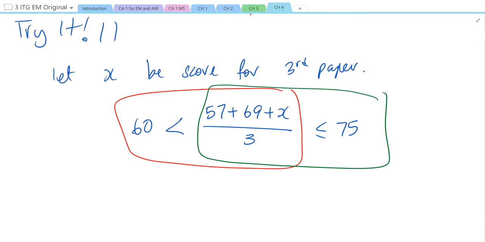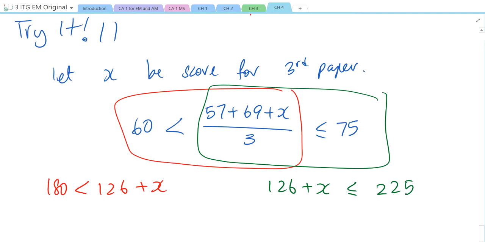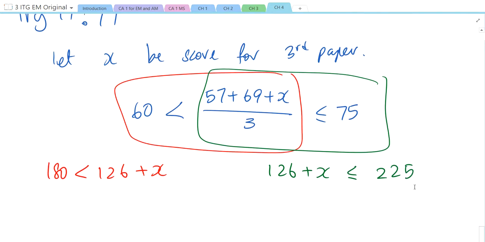In red, I've got 180 less than 126 plus x. In green, I've got 126 plus x less than or equal to 225. x is less than or equal to 99. x is greater than 54.